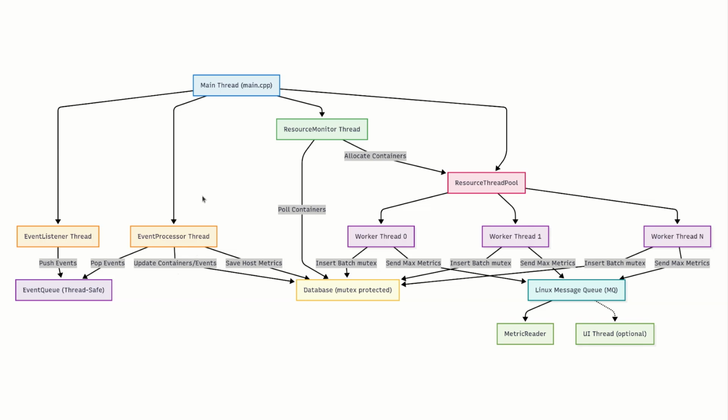This information is shared with the resource monitoring thread, which polls the running containers and at the same time polls the host machine's CPU and memory as well. Once there is any particular container, this information is shared to the resource thread pool.